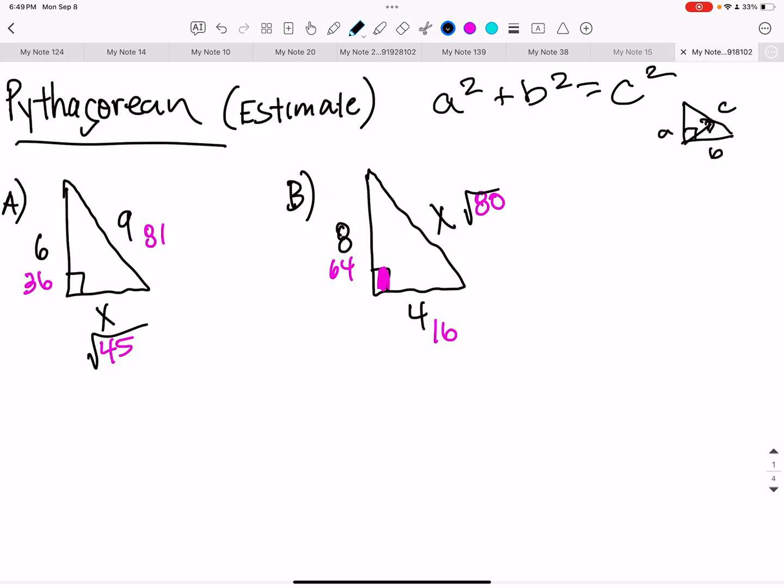Let's see, simplify or estimate. Square root of 45, that's between 36 and 49. It's 4 away from here. It's 9 away from there. It's way closer to this side. I would say 6.8, 6.7, 6.8, somewhere in there. This one, 80, is really close to 81. So as close as I can get to 9, so 8.9 would be a good guess.